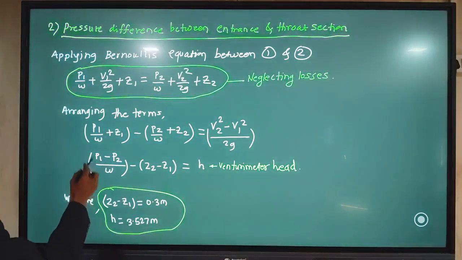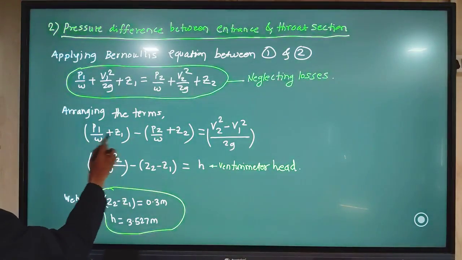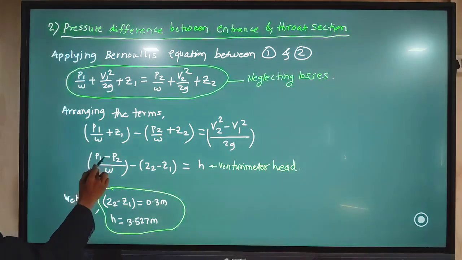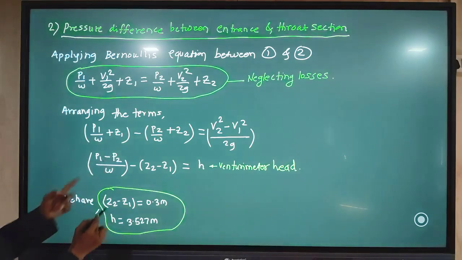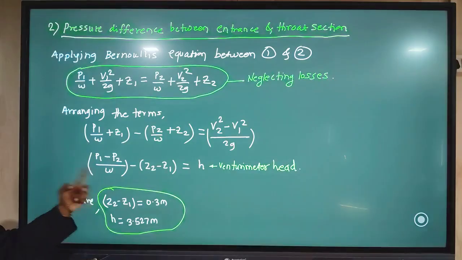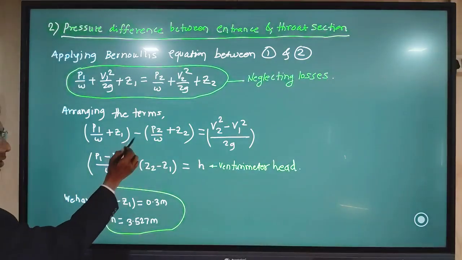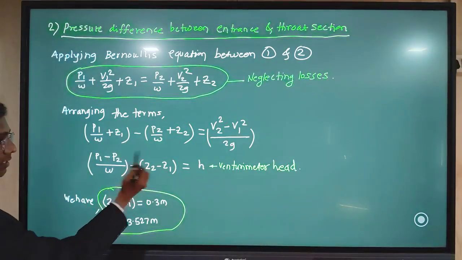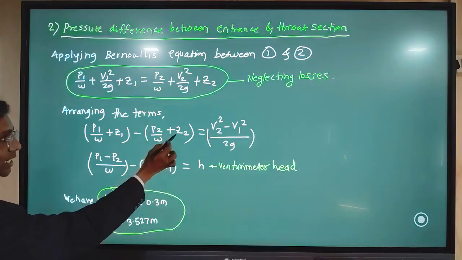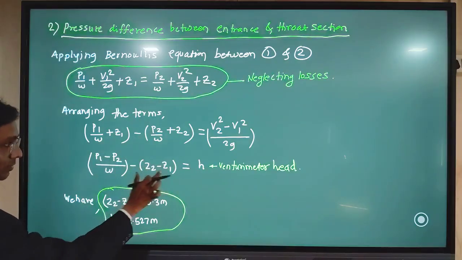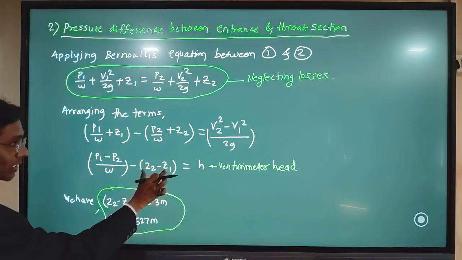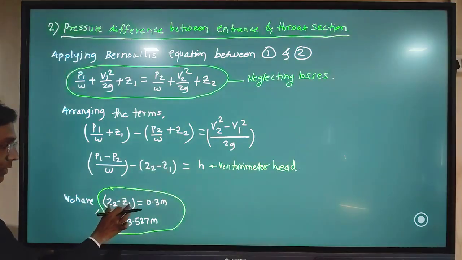On the left side we again arrange the terms. Pressure terms we take together: P1 minus P2 divided by the specific weight of the oil, minus, and inside the bracket comes Z2 minus Z1. Now this Z2 minus Z1 is the elevation difference.